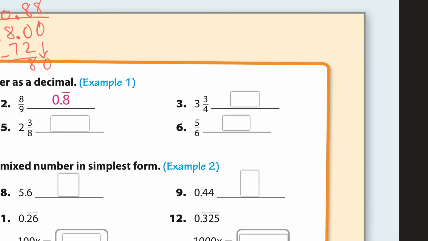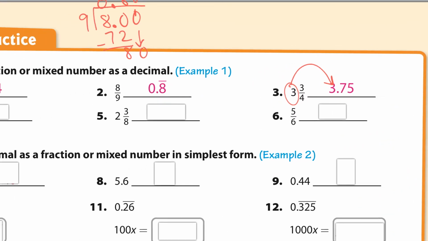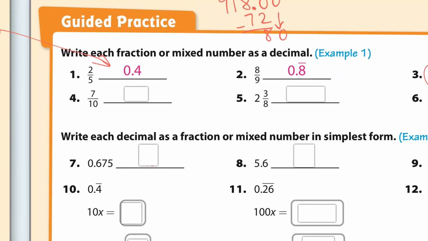The rest of these, well, 3 3/4, that's 3 point, and then let me show you. So it's 3.75. This 3 is that, and then the 3/4 is 0.75. 3/4, 75 cents. 7/10, when you divide that out, you get 0.7.